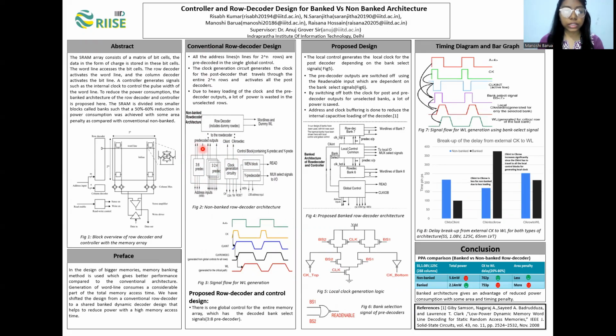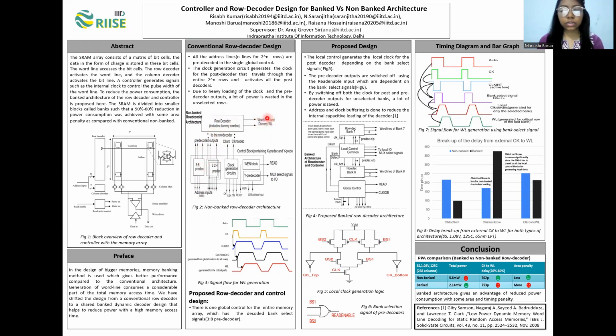The pre-decoders assert their outputs depending on the combination of address signal inputs. The row decoder decodes a particular word line of only a specific row, while the rest are turned off depending on the combination of decoded signals generated from the pre-decoder.